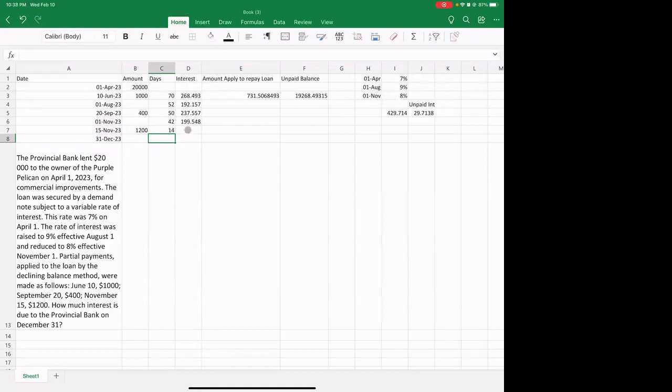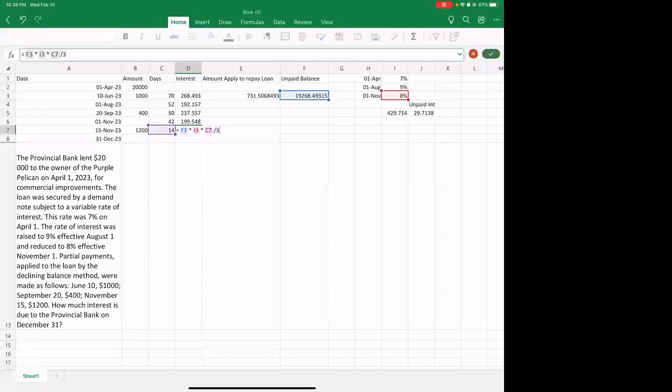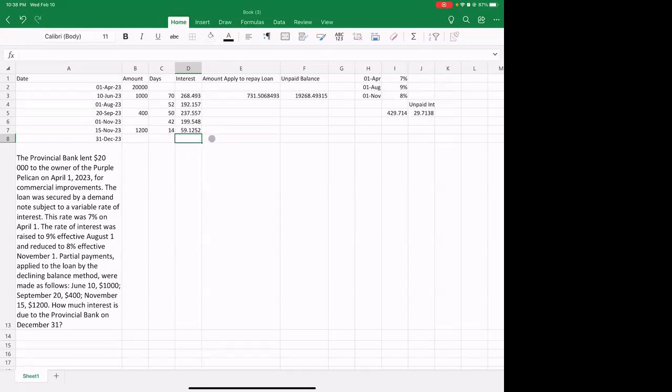Okay, so the interest is PRT. So this is the principal, R is 8%, T is 14 days. Okay, so you get this number.